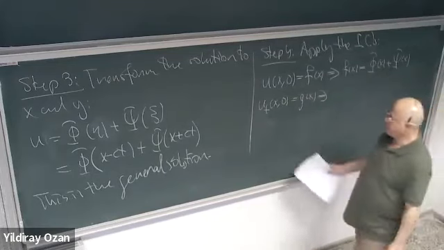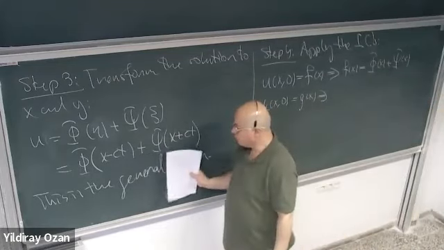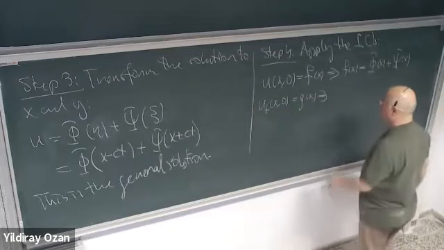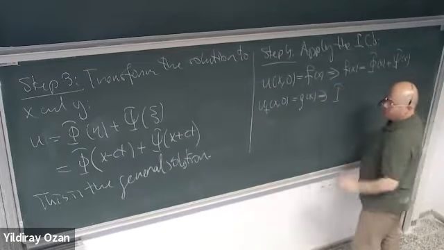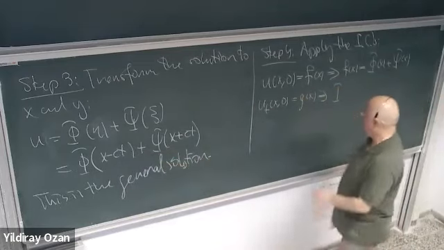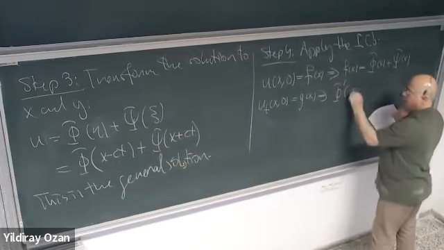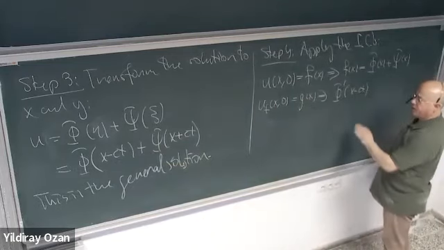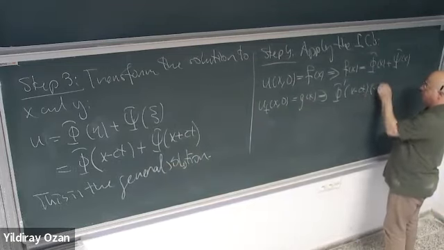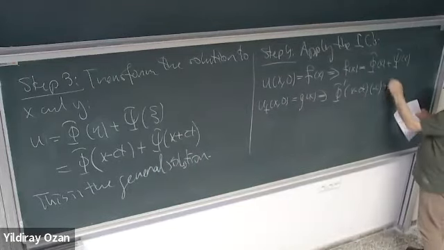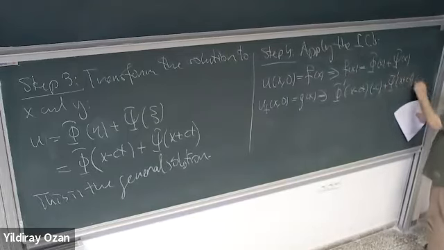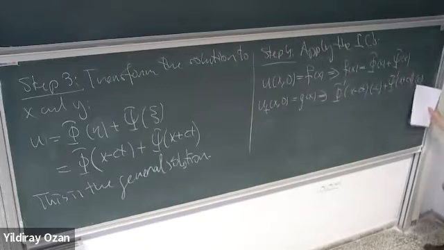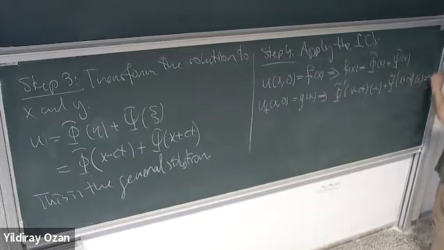Now what is u sub t? I have to take derivative of this with respect to t. So what is that? That is just derivative of this function, right? X minus ct, and then derivative of inside with respect to t, which is minus c, plus derivative of this function at x plus ct times derivative of inside with respect to t, which is just c, and that should be equal to g of x.